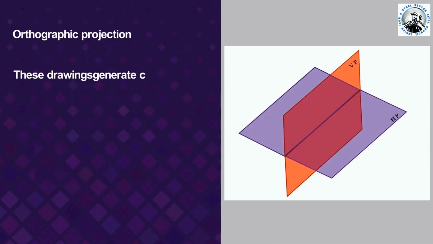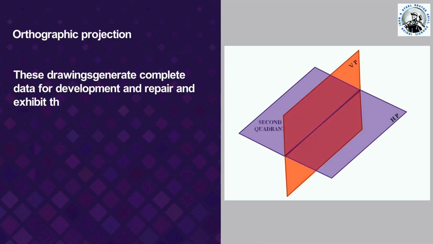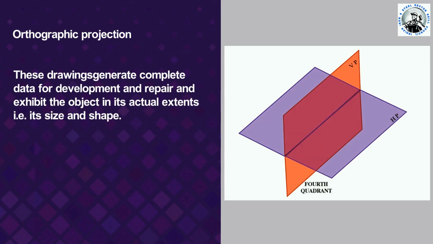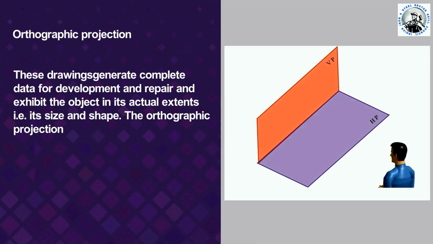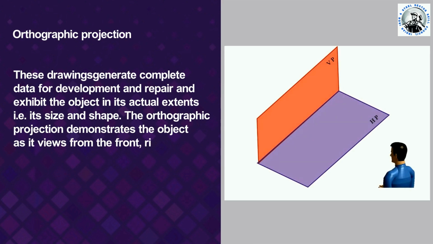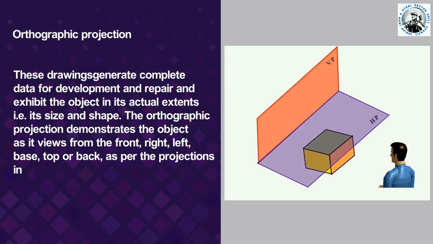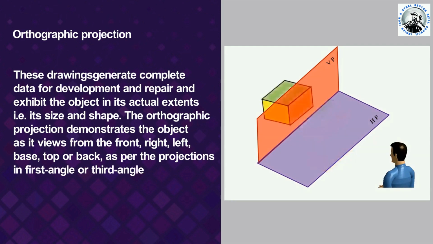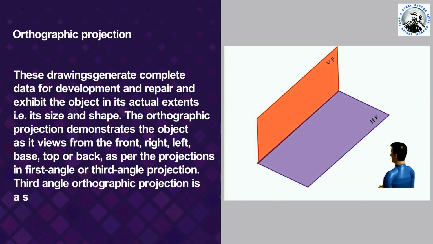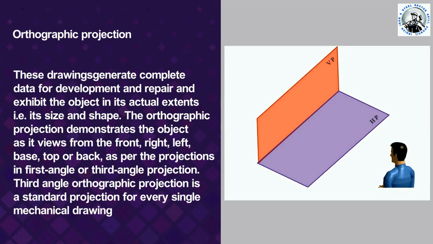These drawings generate complete data for development and repair and exhibit the object in its actual extent, that is, its size and shape. The orthographic projection demonstrates the object as it views from top, right, left, base or back, as per the projections in first angle or third angle projection. Third angle orthographic projection is a standard projection for every single mechanical drawing.